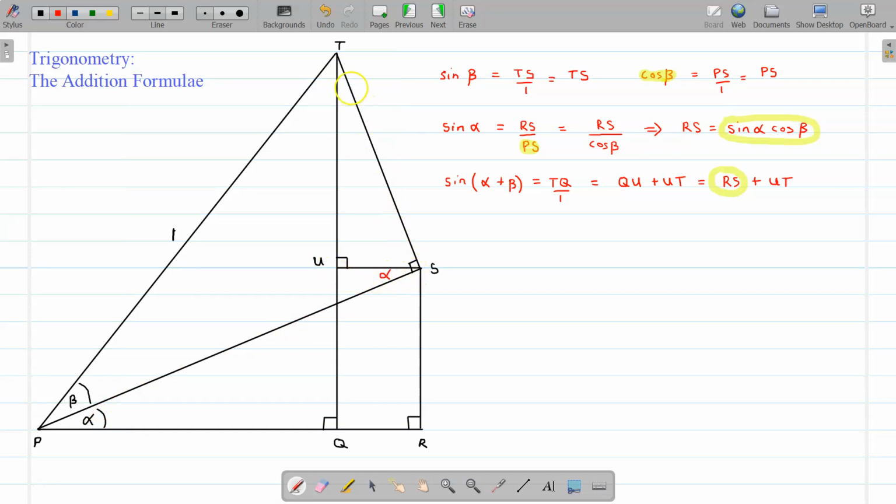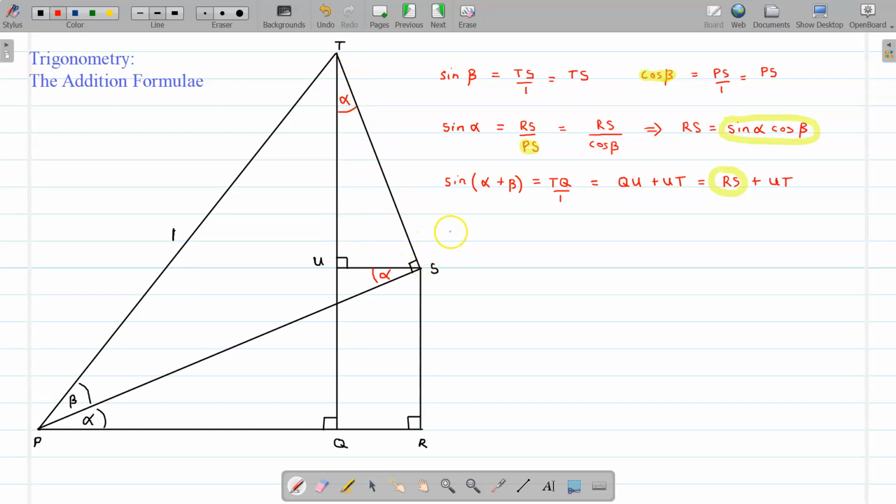And by a process of recognizing two similar triangles in here, we know that this angle here is also alpha. Okay, so what we're going to do now is write an expression for cos alpha in terms of adjacent over hypotenuse.